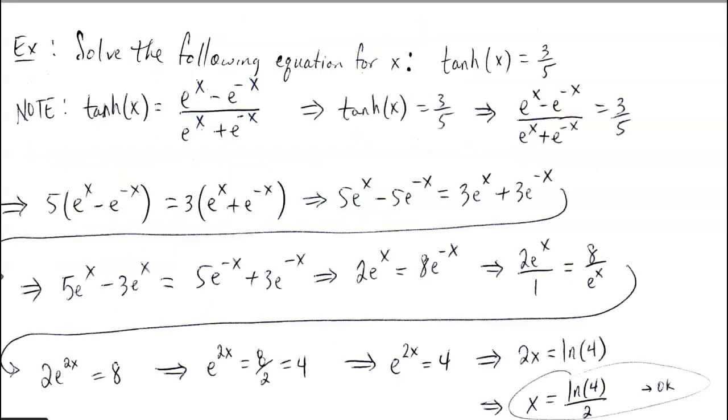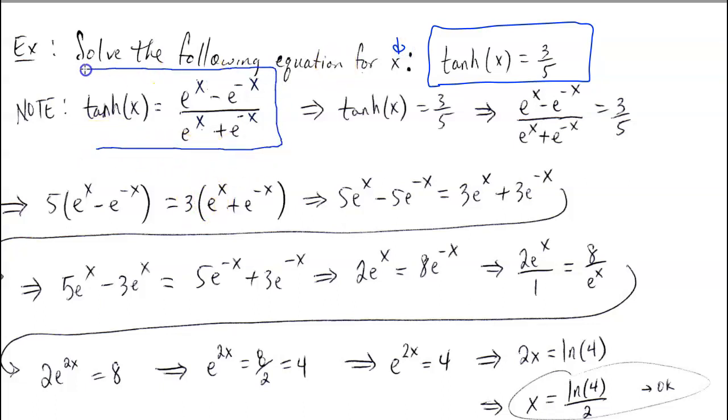So for our last example with simplifying expressions here, we're given this equation, tangent hyperbolic of x is equal to 3 over 5 or 0.6. And what we want to do is figure out what x would actually be. Notice that I have rewritten tangent hyperbolic in its exponential form.